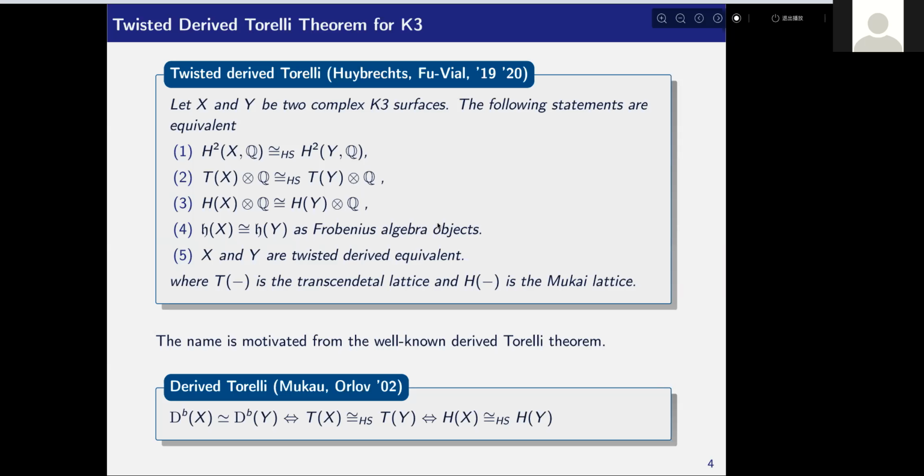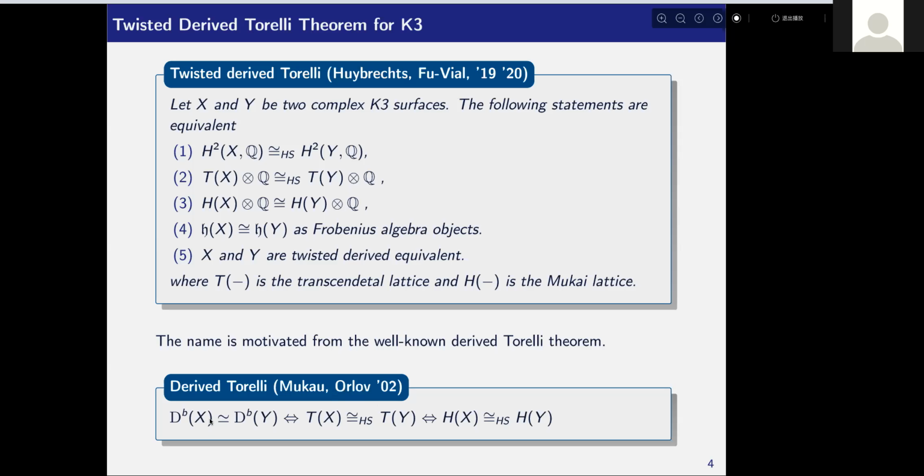And basically, one can view that 1, 2, 3 are what we call cohomological realizations of twisted derived equivalence. So the rational Hodge isometry is just a natural Hodge-theoretic realization of the twisted derived equivalence when k equals C. So for complex numbers, we have Hodge theory. And the name is largely motivated by the well-known derived Torelli theorem, basically proved by Mukai and Orlov.